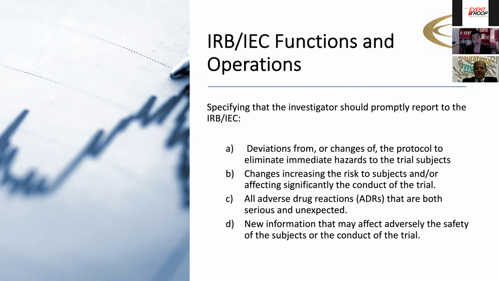So I would like to hold that for now, and I'll address that later. What we need to be comfortable knowing here is that safety information should be sent to our IRBs. That is their role, to provide an ongoing review to protect the rights and the safety of the subjects.